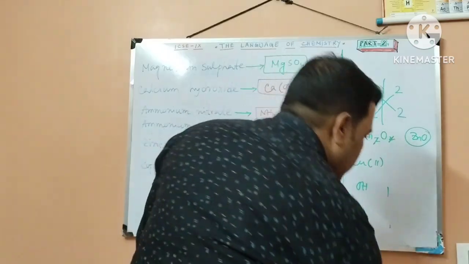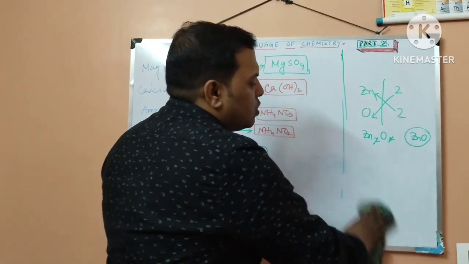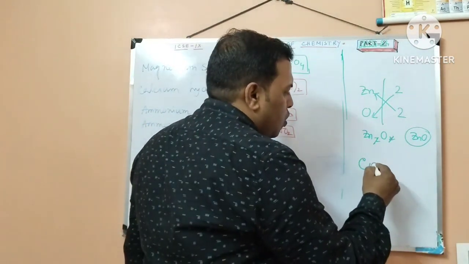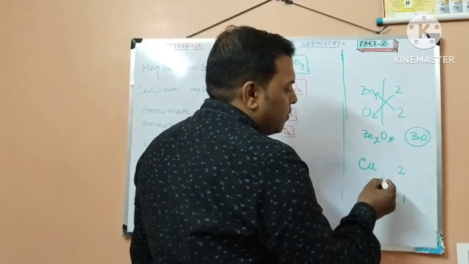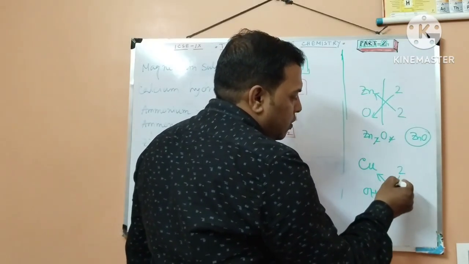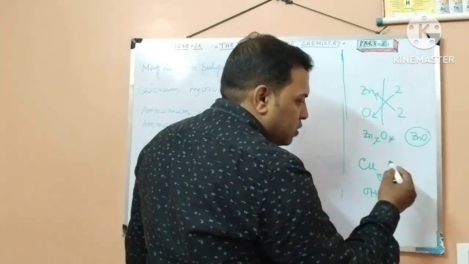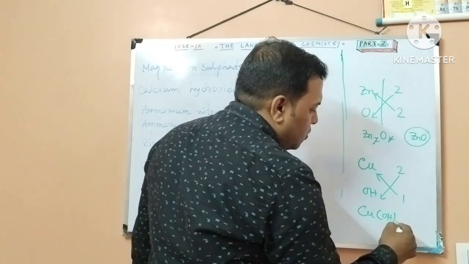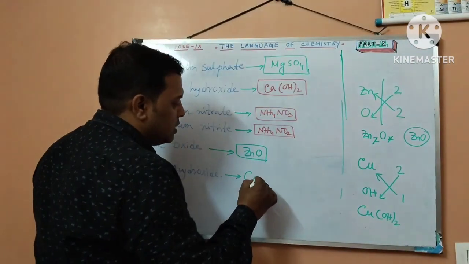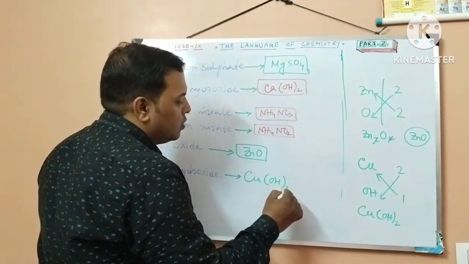So as I am teaching in this way, what should we write? Copper valency is 2, hydroxide valency is 1. So 1 will go there and 2 come here. So Cu(OH)2. Copper hydroxide becomes Cu(OH)2.